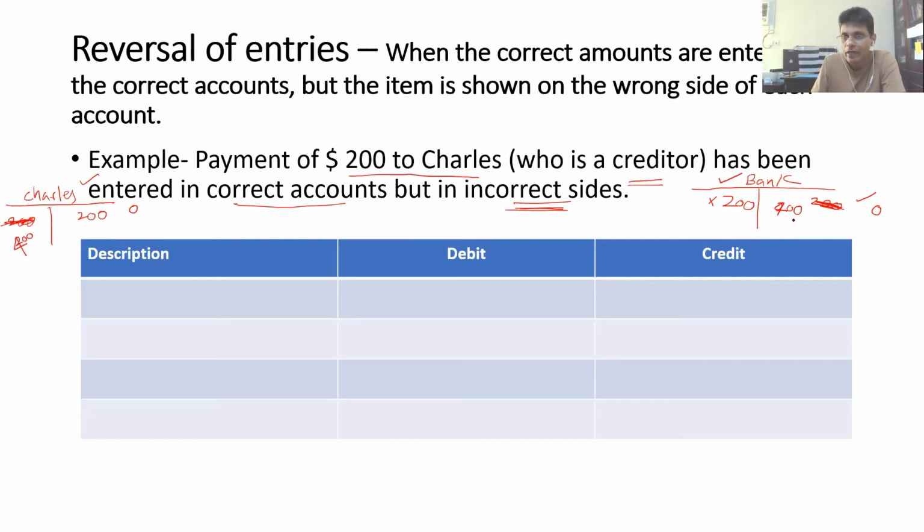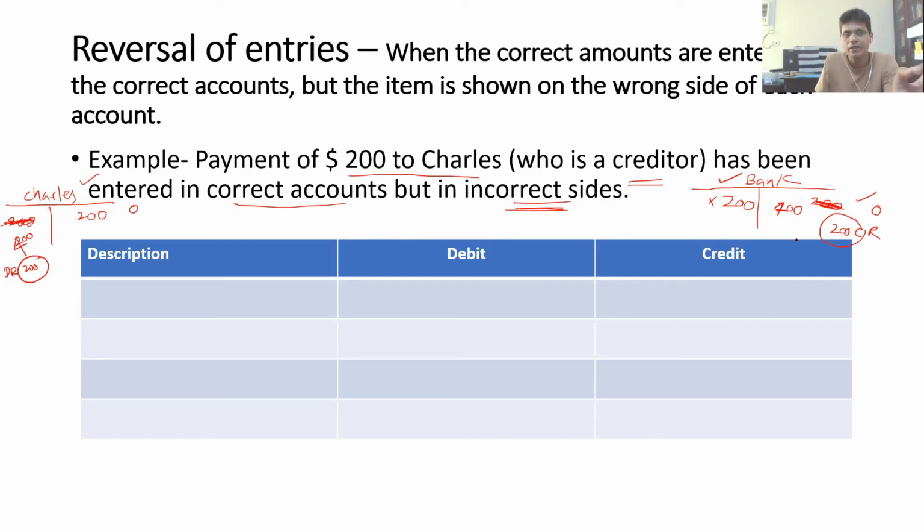So if you credit 400 minus 200, the bank account will be balance how much? Credit 200. And Charles, 400 minus 200, debit 200, no? The balance. Is that clear, Shenara? Yes, uncle.